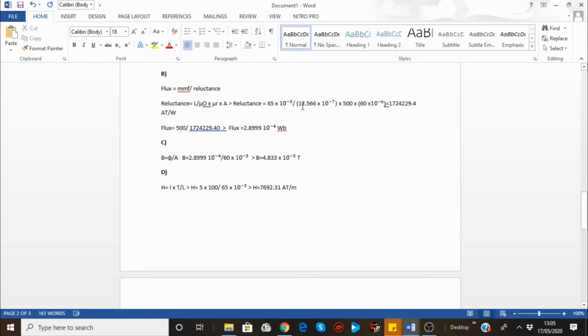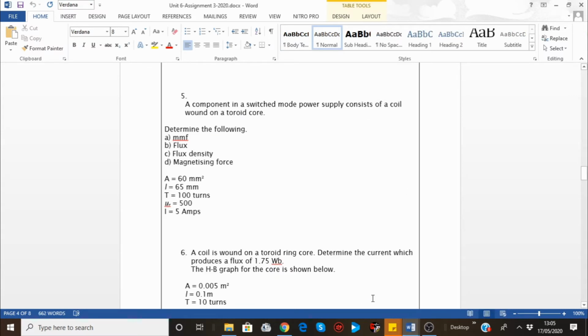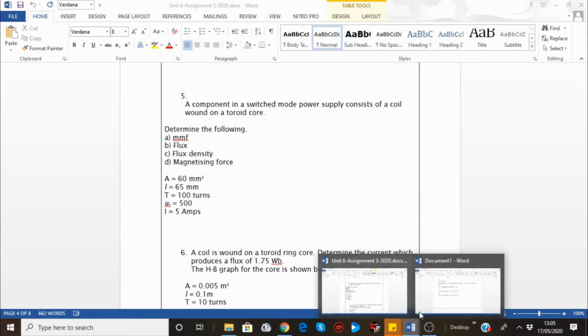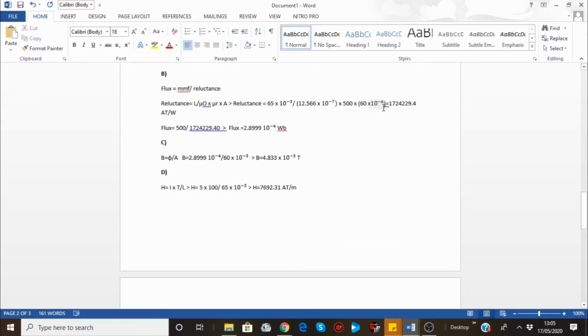Over mu 0, like we said, a fixed value, 12.566 times 10 to the power minus 7, times mu R, which is 500, times the area, 60 times 10 to the power minus 6. The area is given as 60 millimeters squared. To convert that to meters squared, you have to say times 10 to the power minus 6.